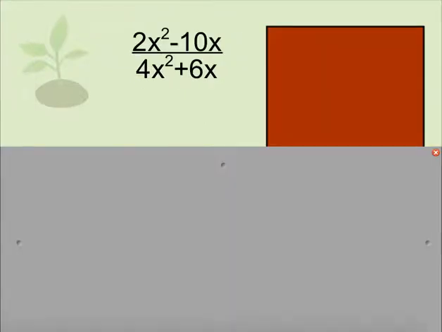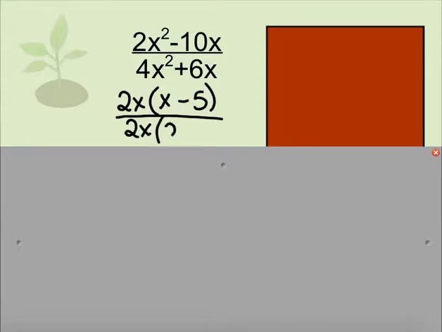All right, now we need to factor both numerator and denominator. So I look at 2x squared and negative 10x and say a 2 is in common with the numbers and 1x is in common with those variables. So I pull out a 2x. And I have left over x minus 5. And then I look at the denominator and say, I can also pull out a 2x from there. So I have 2x times 2x plus 3.